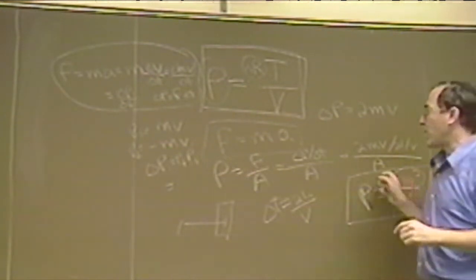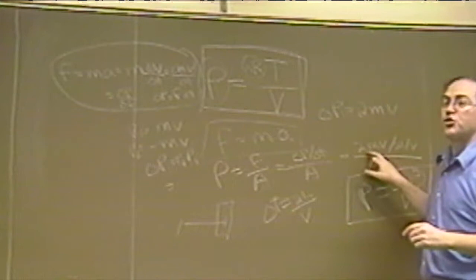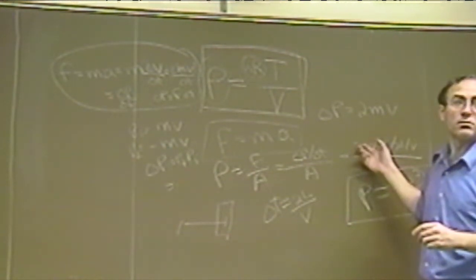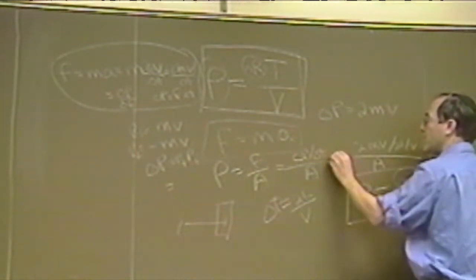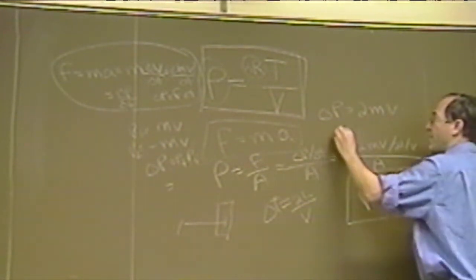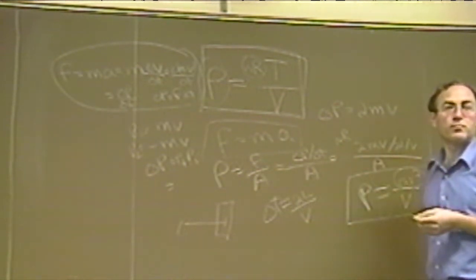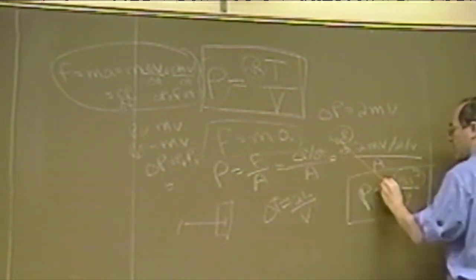Now, if we're talking about the force per area, the amount of momentum transfer, 2mv, if there are two particles, it'll be twice as much. If there are three particles, it'll be 3 times as much. Obviously, we have to put in here a factor like that nR thing, the amount of molecules. So that's going to be in here somewhere.